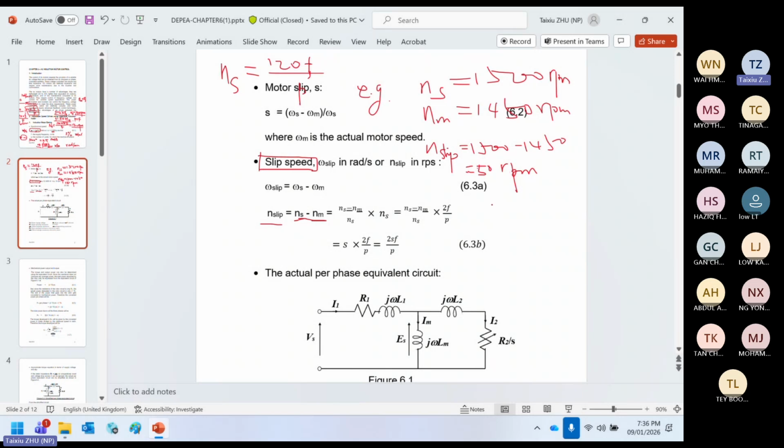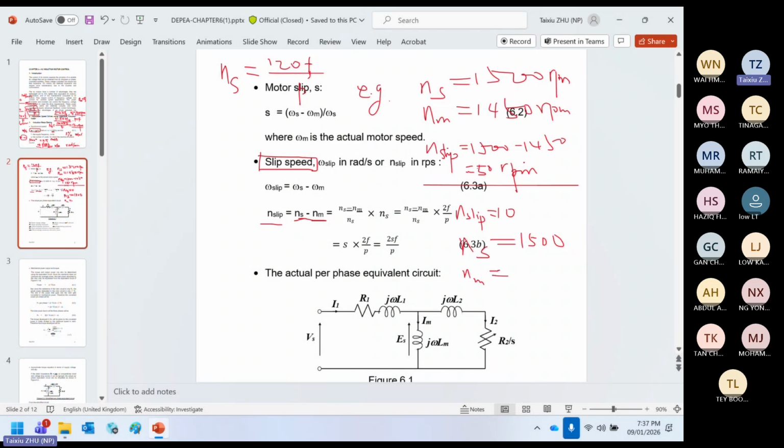But if you give me the slip speed, 10 for example, this is another example. Say the slip speed is 10 RPM, and your synchronous speed is still 1500. How fast will the motor turn?